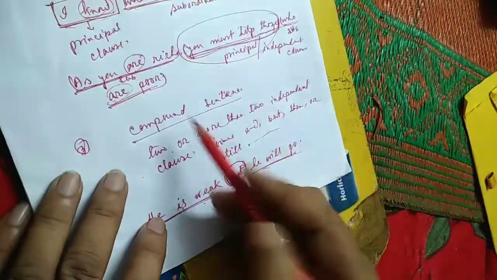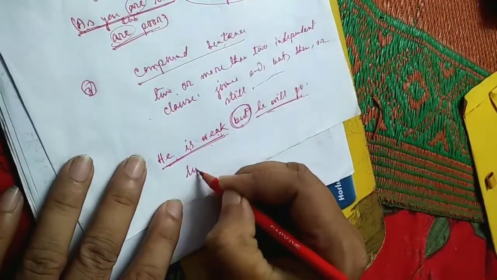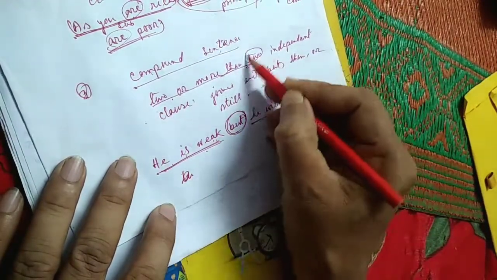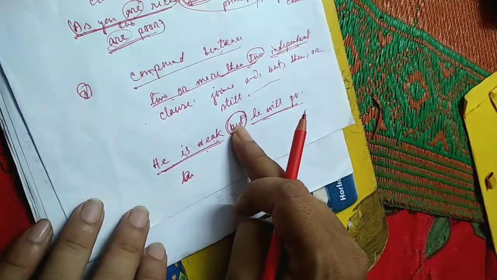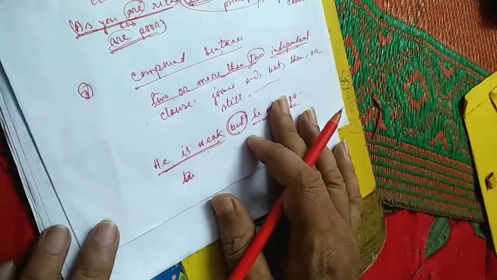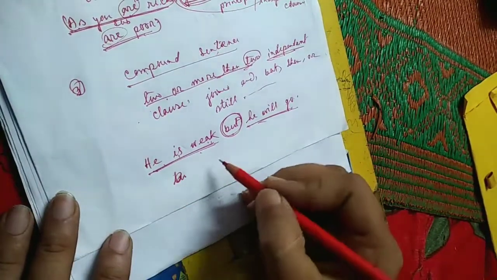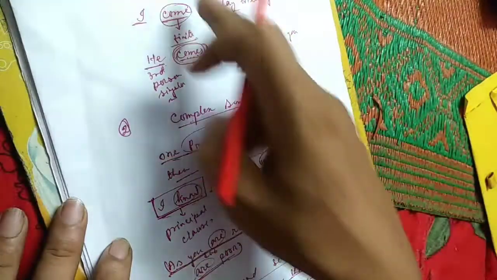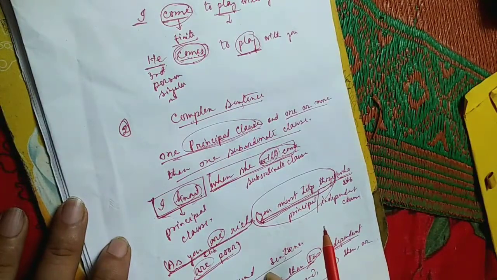And in a compound sentence, only principal clauses, two or more than two independent clauses, always joined or linked with conjunctions or linkers like but, and, then, or, still, etc. This will help you identify the three types of sentence: simple, complex and compound.